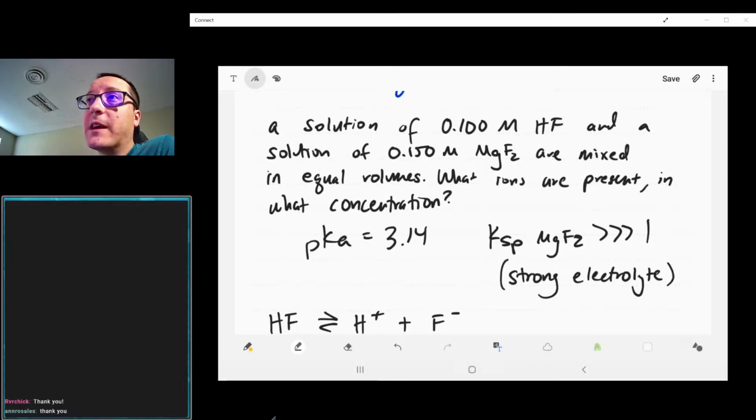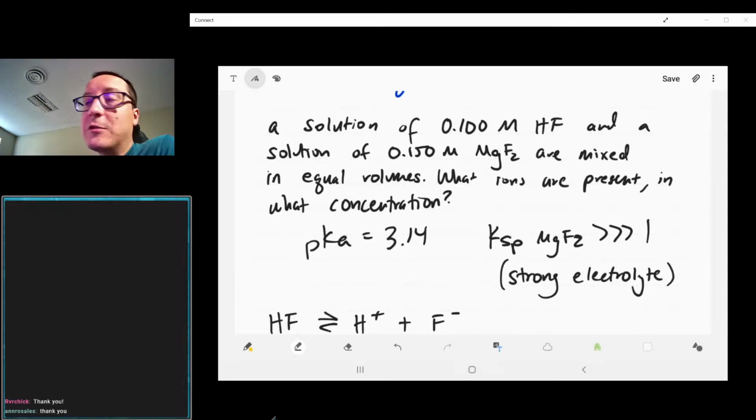If they're mixing in equal volumes, we're going to have half of each one, right? We're basically doubling the volume for each solution by mixing them together. So that should mean our concentration should be divided by 2. Hopefully that part makes sense, right?